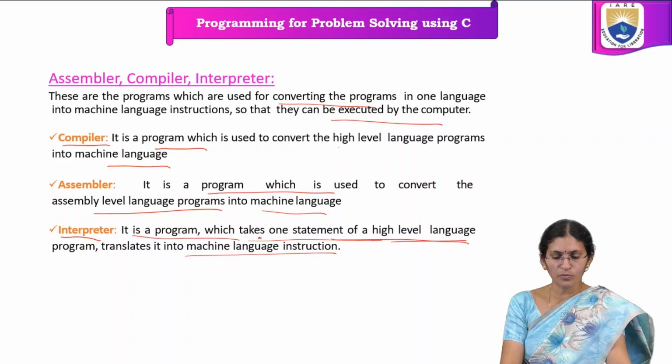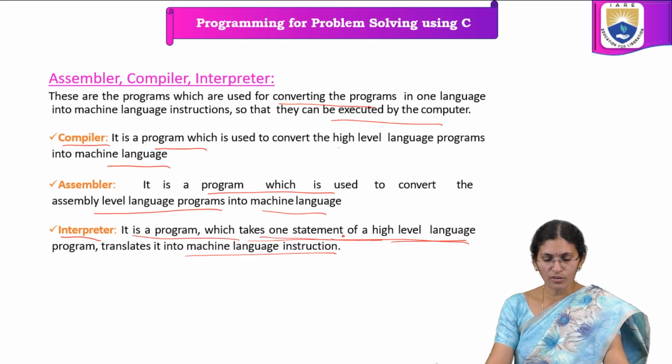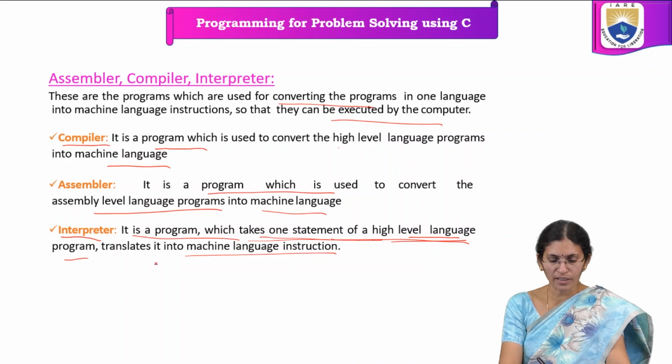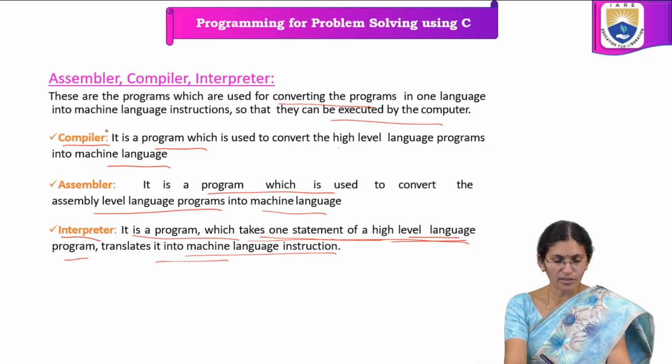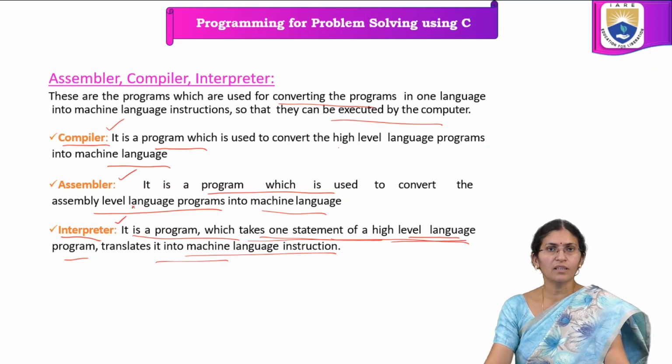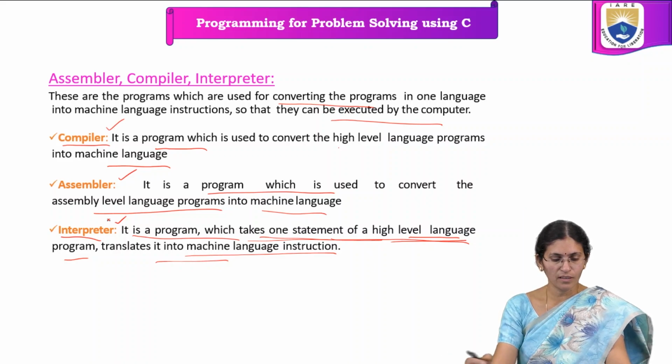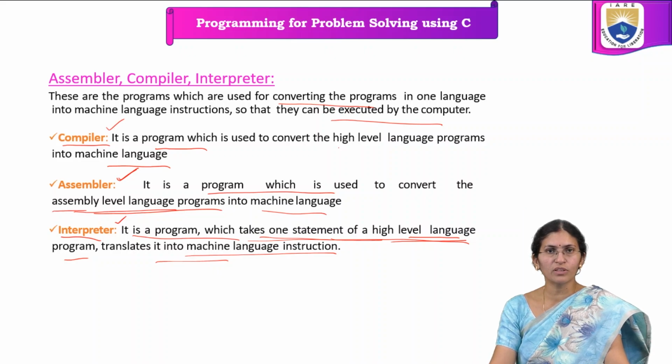An interpreter is a program which takes one statement of a high level language program and translates it into machine language instructions. In language translators we have three types of translators: compiler, assembler and interpreter, based on what type of language they take as input. The assembler takes input in the form of assembly language and converts it to machine language.